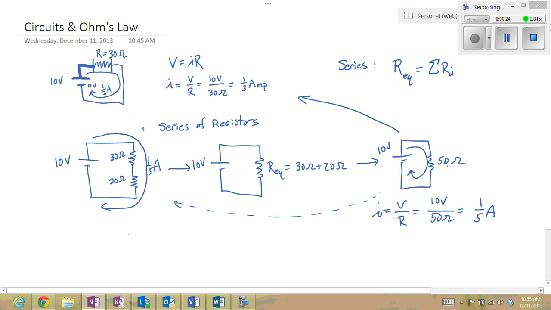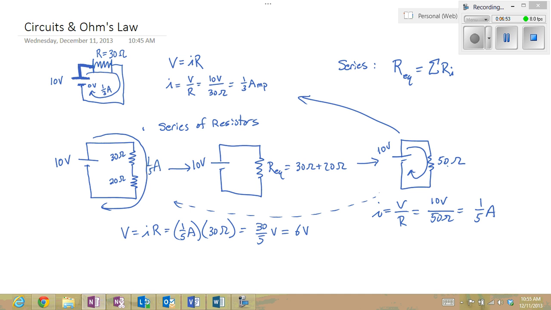So now I can do the voltage drop, still using Ohm's law. The voltage drop at any point is equal to the current times the resistance. So if 1/5 of an amp is flowing through a 30 ohm resistor, we're getting 30 over 5 volts, or 6 volts worth of potential drop across the 30 ohm resistor.